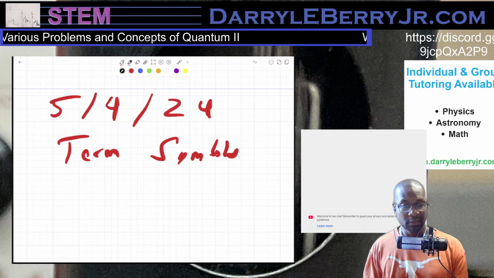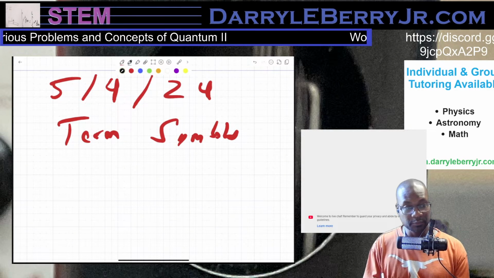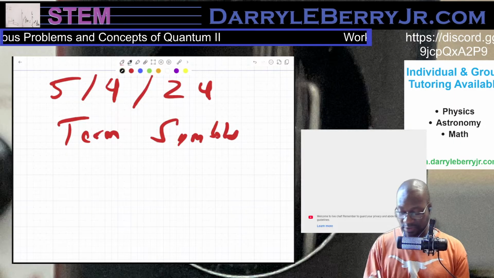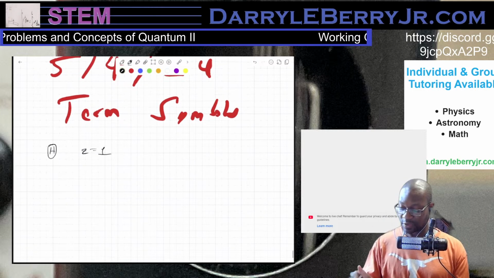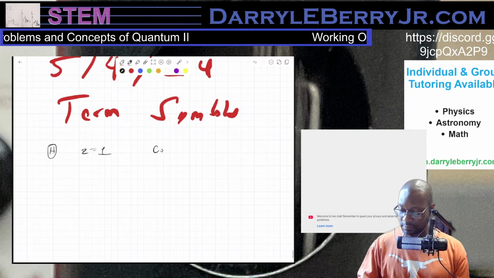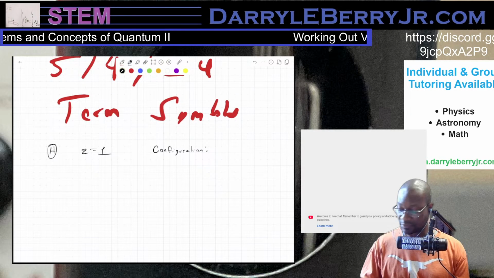One thing that helped me understand it was going through all the atoms in order, starting from hydrogen. Hydrogen has one proton, Z equals 1, and the configuration of hydrogen is 1s1.